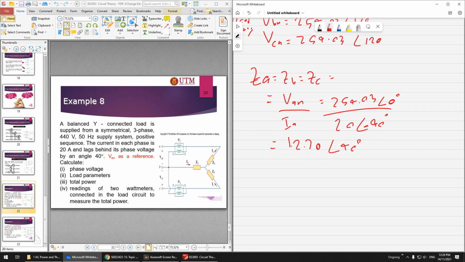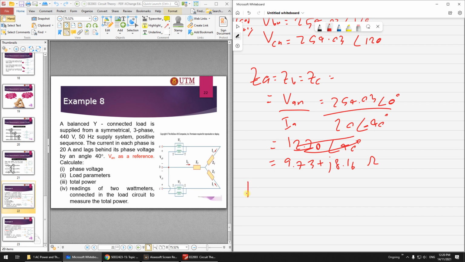Remember for the load, I suggest you use the rectangular form. So don't use this, use 9.73 plus j8.16 ohm. So you find the load parameter.